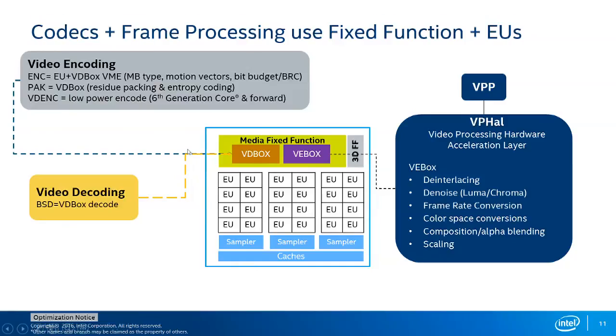By keeping everything on the fixed function, you can either use less power or leave those EUs open for other processing. That other processing could be things like frame processing for filters, that kind of thing to improve quality, or it could be other tasks like computer vision type algorithms.